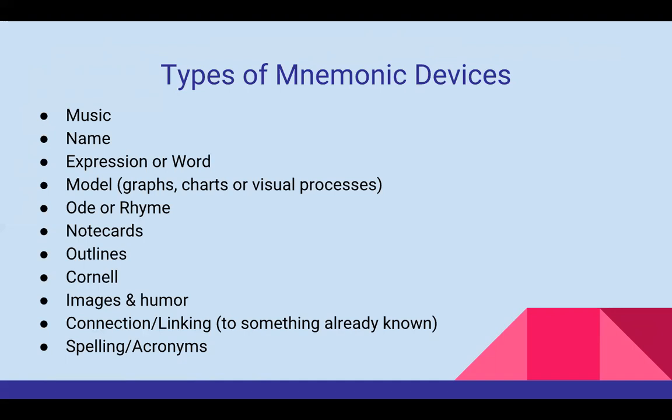So what mnemonics can do is help us remember the name of something, or we can link an important date, or write a song about it. I once had to memorize and sing a song with all the presidents' names in order when I was in 5th or 6th grade.